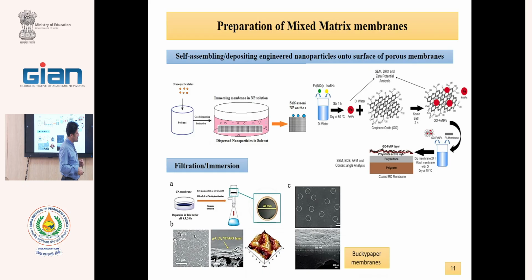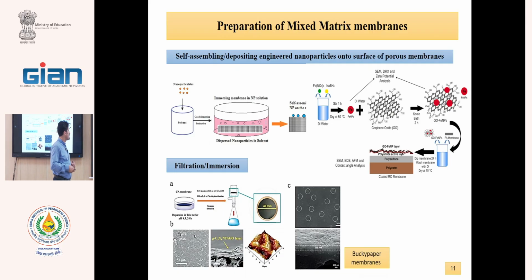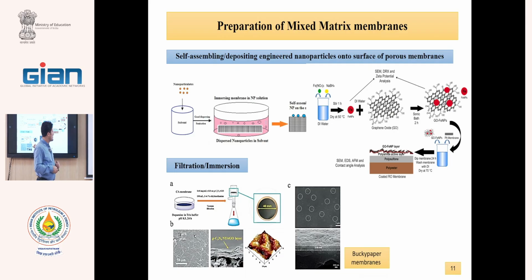These membranes are mostly named Bucky paper membranes. When we have a polymeric support or ceramic support and coat the nanomaterials with pressure on the membrane surface, we say that we prepared Bucky paper.